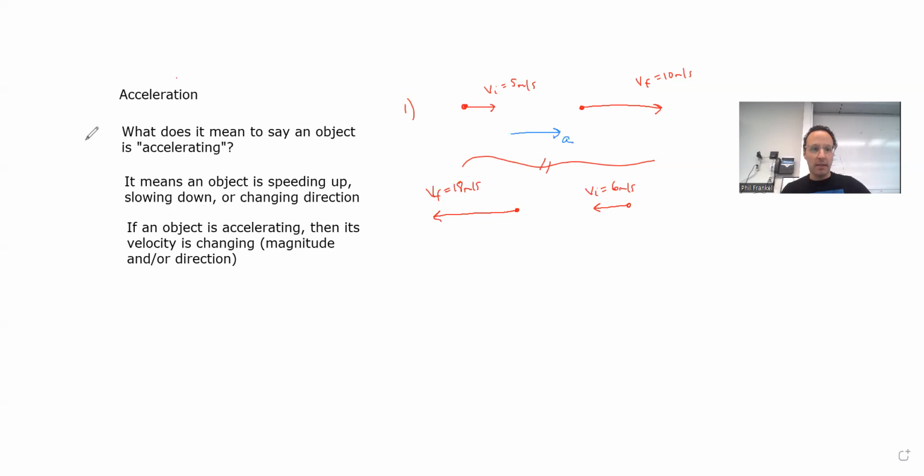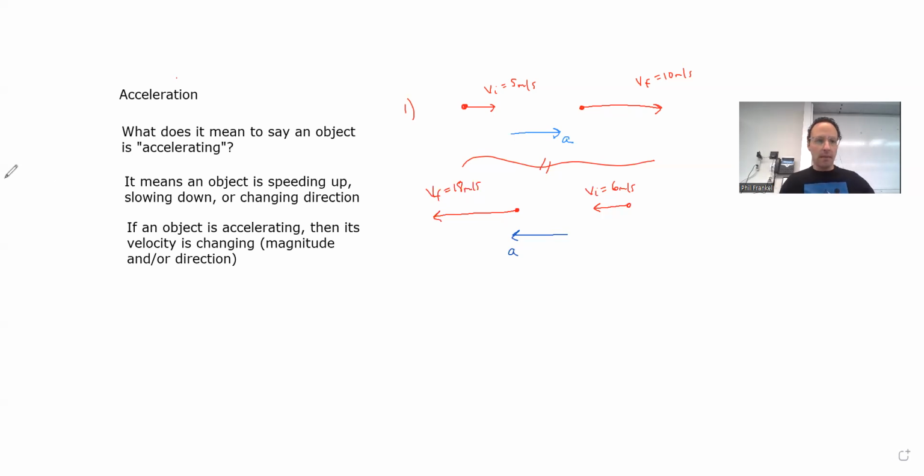So this object has an initial velocity to the left and a final velocity also to the left, but it's moving faster. Well, this object was accelerating to the left. These are the easiest situations to appreciate. If an object ends up moving faster in the same direction that it was originally moving, then the object was accelerating in that same direction.